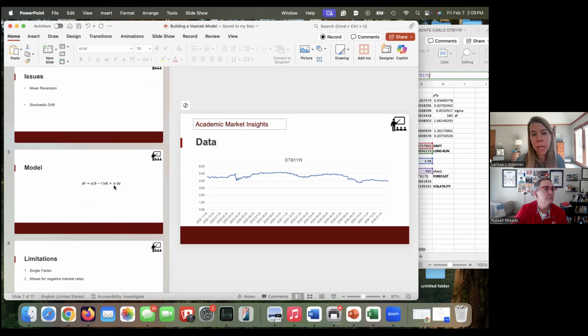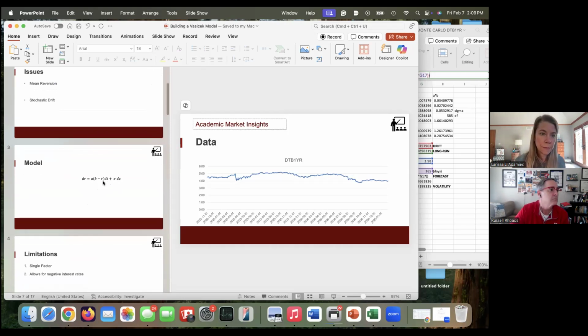We also need to calculate our standard deviation. We will calculate the A and then the B. Our interest rate will be the current interest rate.